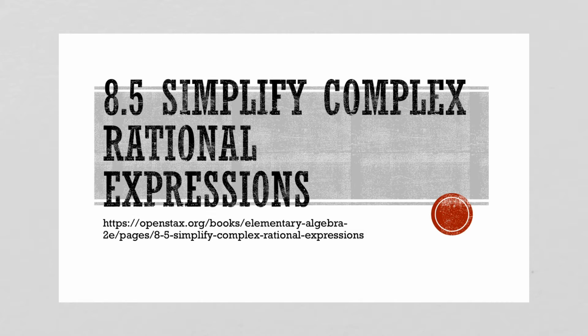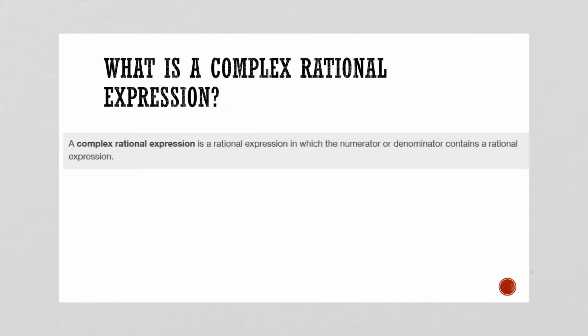So anyway, let's simplify complex rational expressions. First of all, it might be helpful to know what a complex rational expression is. And it is an expression. Remember, there's a difference between expressions and equations. Expressions do not have an equal sign.